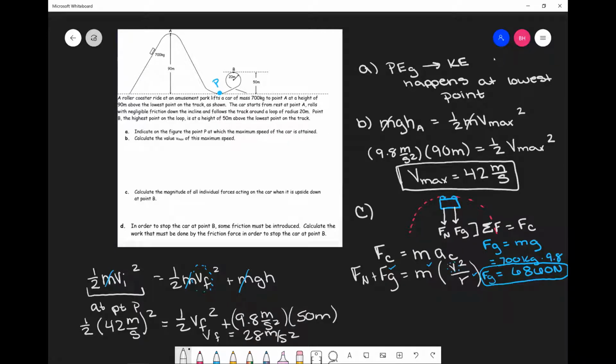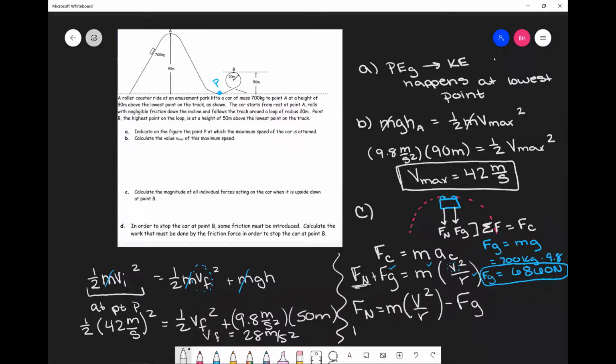Now that was kind of a lot of work just to get that value, but we did need that value. So we need to solve for our force normal. I'm going to go ahead and divide this. I don't want to make it too confusing, but we have our force normal is equal to mv squared divided by r minus Fg.